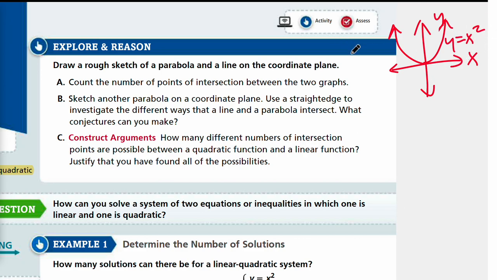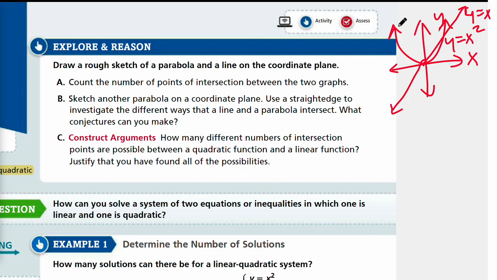Count the number of points of intersection between the two graphs. A parabola and a line. So I can draw y equals x as well, just a generic parent function for each one.